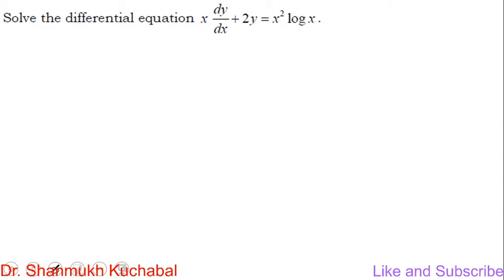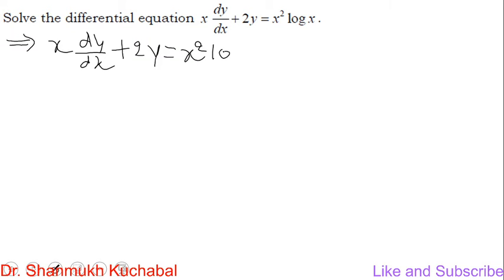So the given example is x dy by dx plus 2y equal to x square log x. Now we have to make the dy by dx coefficient 1, so we will divide this expression by x.